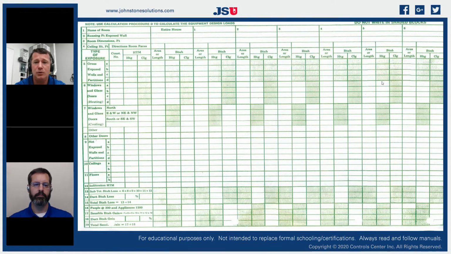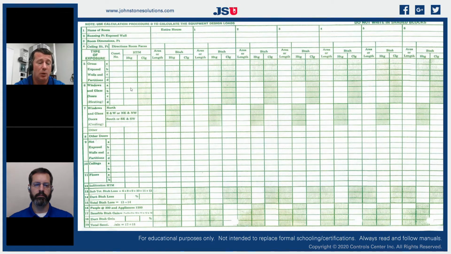So in a manual load calculation, we're going to end up with an entire house load calculation, but we're going to have to start by doing individual rooms. So I would have, maybe bedroom 1, and I would have bedroom 2, and I would break down each one of those based on the construction, based on the occupants, and based on the size. So we'd have a lot of variables that go into that.